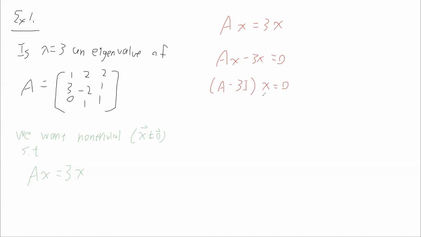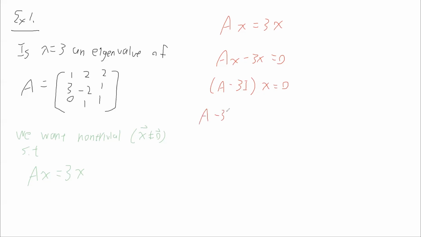We're back to this form, which we are very familiar with. We want to show that the null space has a non-zero vector, meaning we want this to be true for some non-zero x. If we can show that the solution to this is non-trivial, then 3 is going to be an eigenvalue.